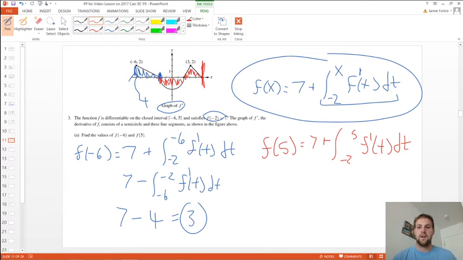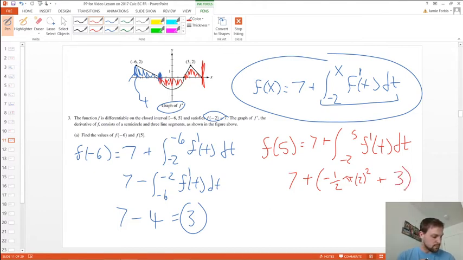So I'm going to say it's 7 plus, in parentheses, the area of the semicircle, which is 1/2 pi r squared. Since it's underneath the x-axis, that's going to be -1/2 pi times 2 squared. Okay, so that's the area of the semicircle. And then plus the area of that triangle, which looks like it has a base of 3 and a height of 2. So that's 3 times 2 is 6, divided by 2 is 3.